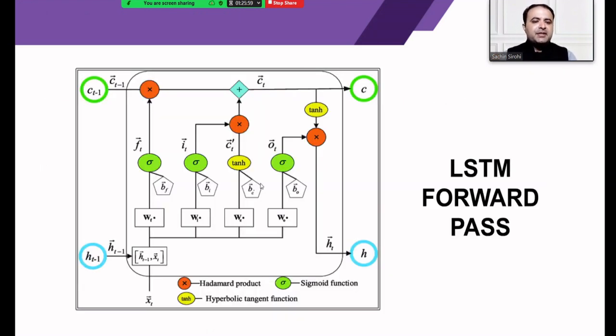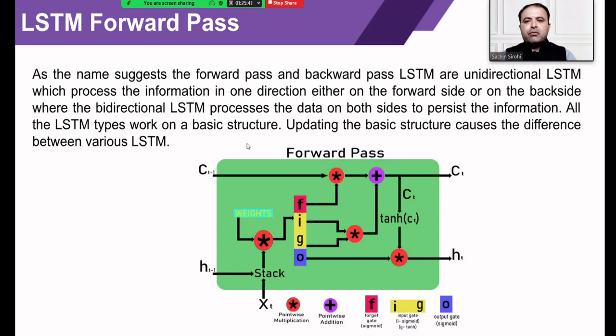Now the LSTM forward pass. So again we have created a model for some mathematical concept. So what is the picture behind performing this particular pass? As the name suggests, forward pass and backward pass LSTMs are unidirectional LSTMs, which process the information in one direction, either the forward side or the backward side, whereas the bidirectional LSTM processes the data on both sides.